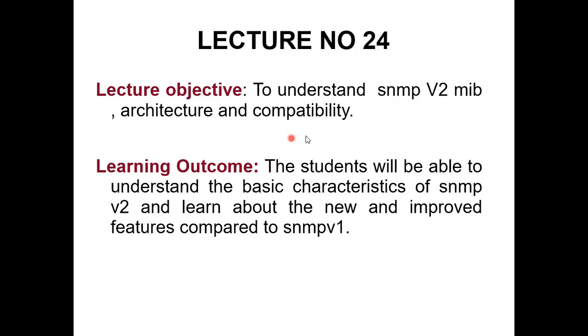We will discuss how to deal with the compatibility between version 1 and version 2. The learning outcome is that you will be able to understand the basic characteristics of version 2 and learn about the new and improved features, some of which we have already discussed, and also the compatibility issue.